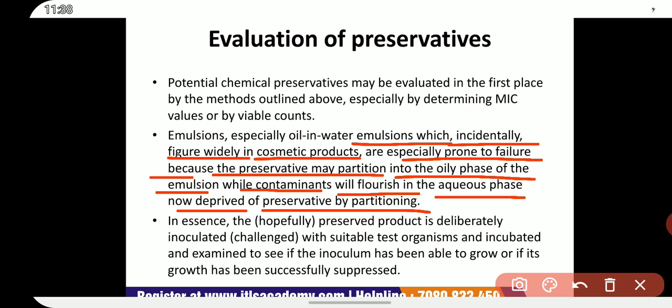The cardinal requirement, therefore, for preservative efficacy is the evaluation of the finally preserved preparations, and this may be performed by means of a challenge test.